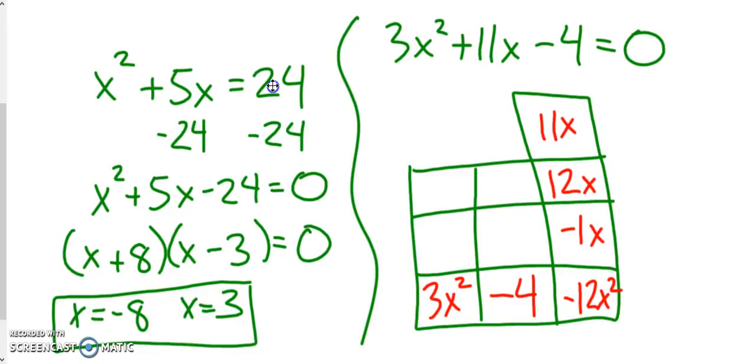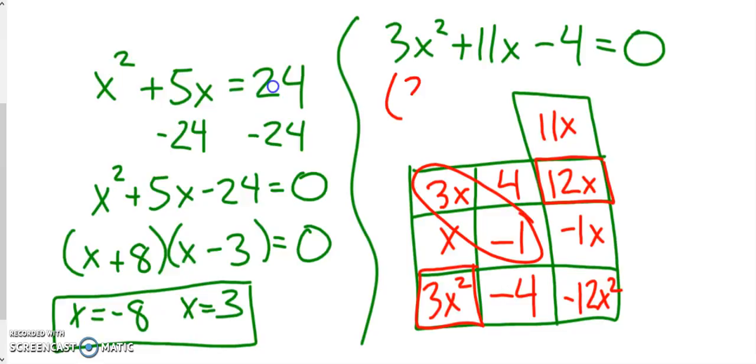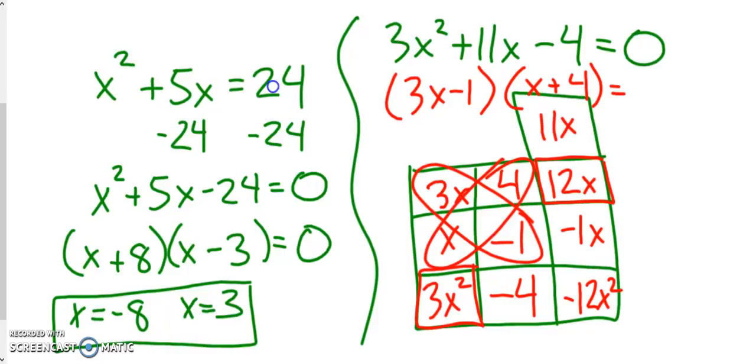The greatest common factor between 12x and 3x squared would be 3x. 3x times x is 3x squared. 3x times 4 is 12x, and then minus 1 would finish it out with multiplication. So my factors would be 3x minus 1 and x plus 4 equals 0.